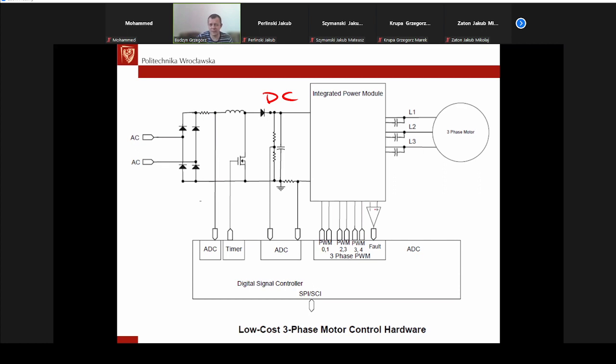Of course, here in this integrated power module, we have the H bridges, three H bridges driving the L1, L2, and L3 lines.